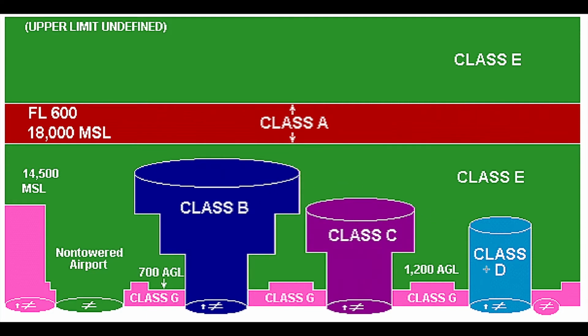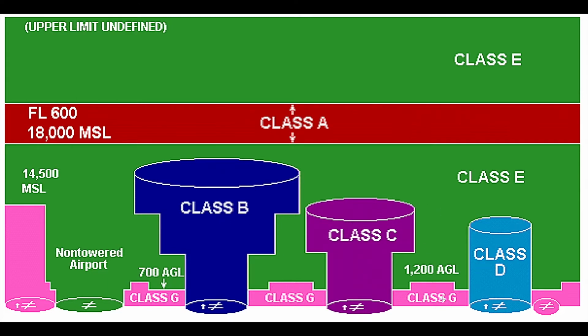Where it can start to get more confusing is the Class E and down near the surface, Class G. And if you remember from your regulations, Class G airspace is the only airspace that we can fly in without authorization. So anywhere else we can't.